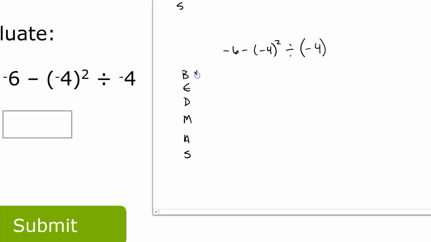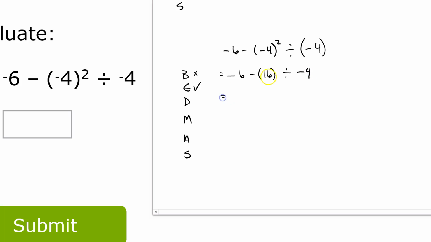So brackets, there's nothing really to do in the brackets because there are no operations there. Exponents, heck yes there is. So the next line would be negative 6 minus negative 4 squared is going to be positive 16. I'm just going to put a bracket because I like holding things in brackets. Divided by negative 4.